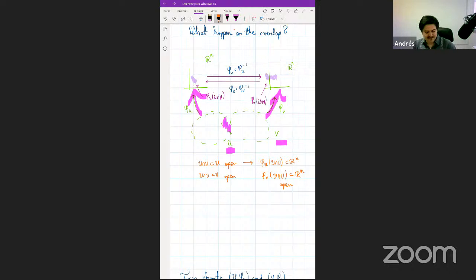Pero además tengo los homeomorfismos, que es el que se compone, este de aquí. Composición de continuas es continua. Esa función es continua. ¿Y cómo sé que es un homeomorfismo?